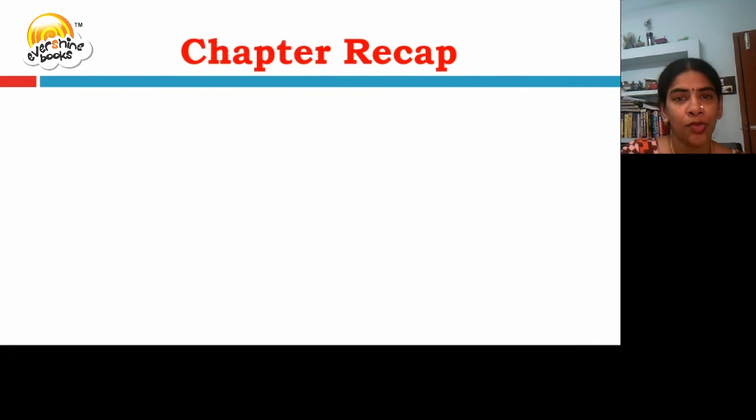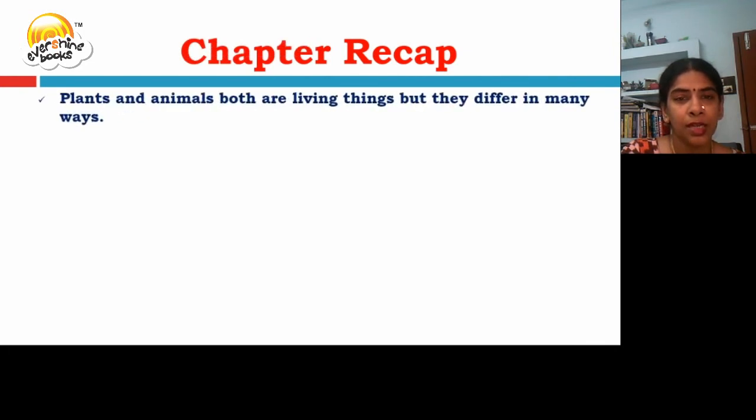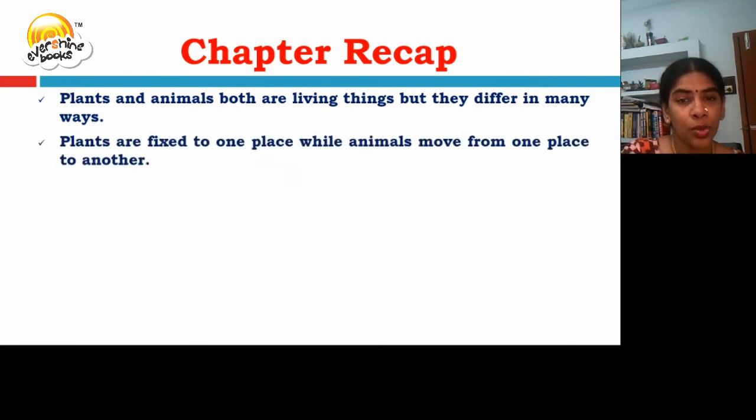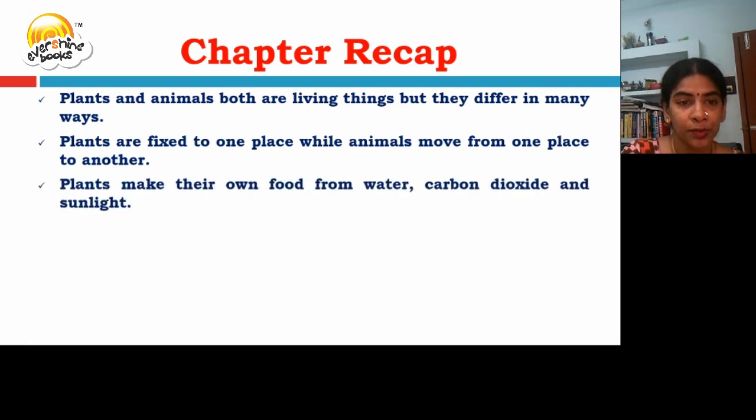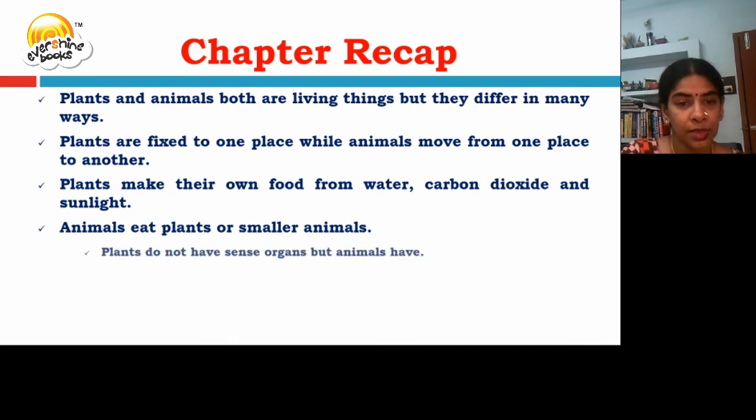Let us have a chapter recap. Plants and animals both are living organisms, but they differ in many ways. Plants are fixed to one place while animals move from one place to another freely. Plants prepare their own food from water, carbon dioxide, and sunlight. Animals eat plants or smaller animals.